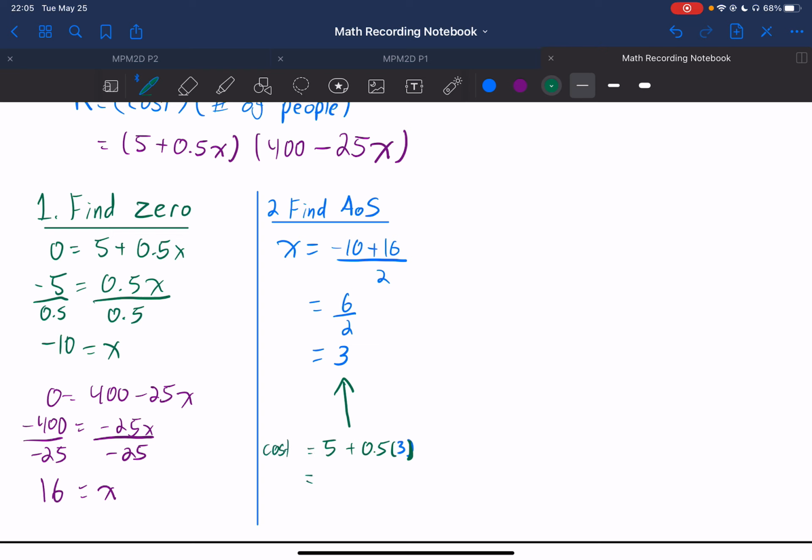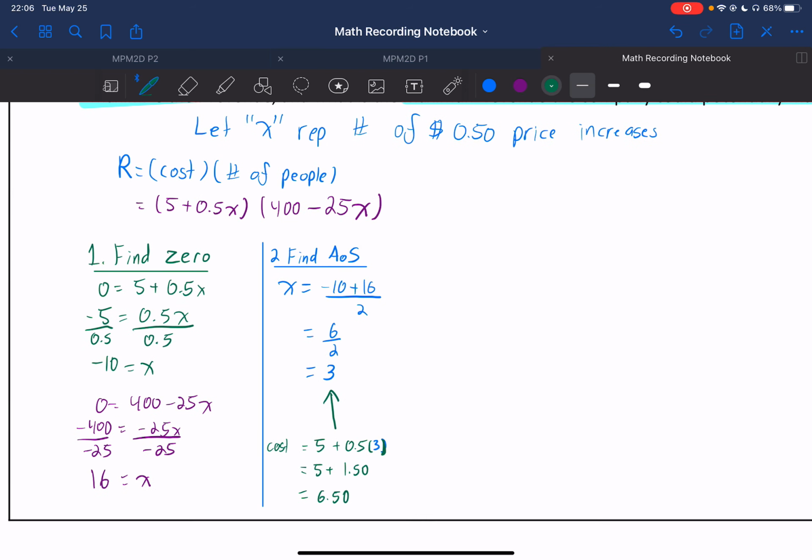So our cost equals 5 plus 0.5 times 3, which is 1.50. That means $6.50 is going to be how much our optimized ticket price will be. We'll write a therefore statement for that later.